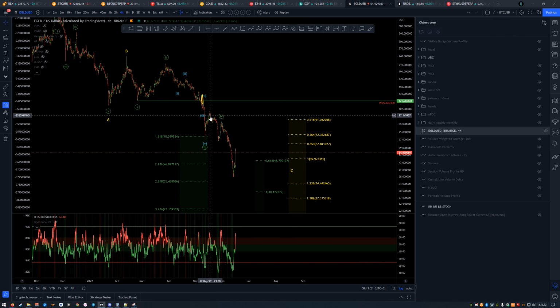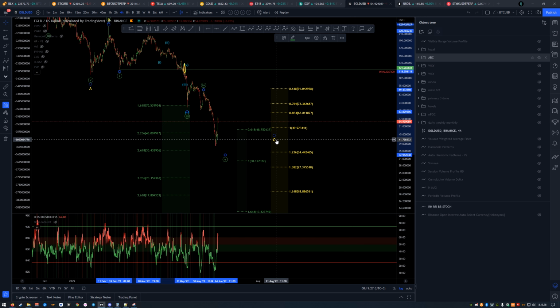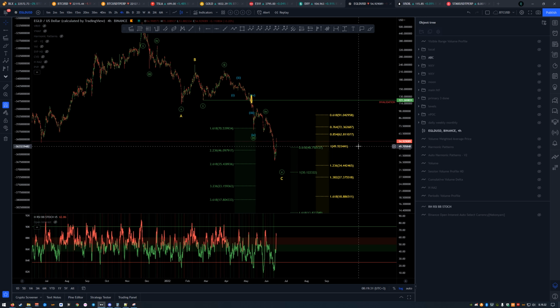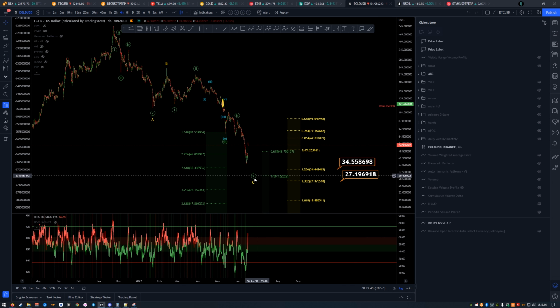Wave 4 again, that same running flat, and now coming down for the last leg to complete the wave 5 to complete the wave C. We're going past the 1-to-1 extension, so we would be looking for these targets here at $34 and $27. These would be the target areas for the wave C overall, at least.